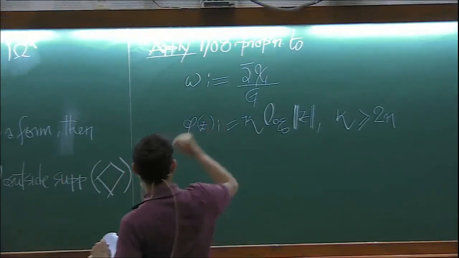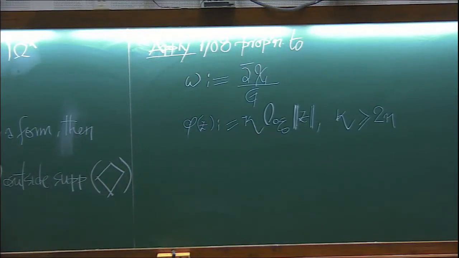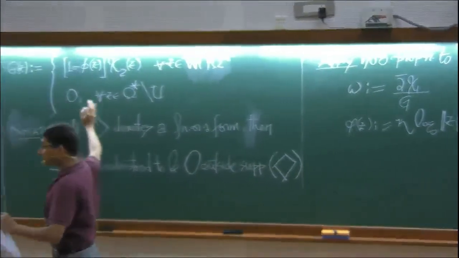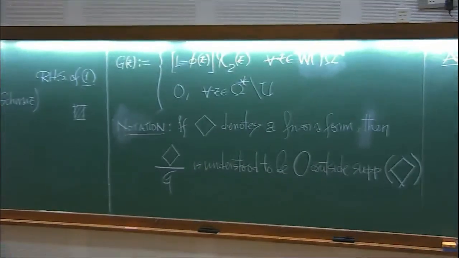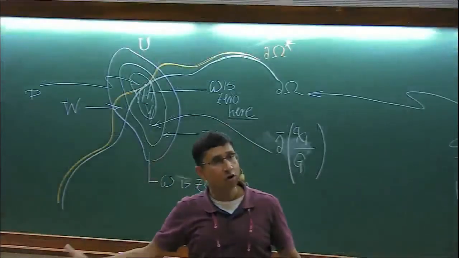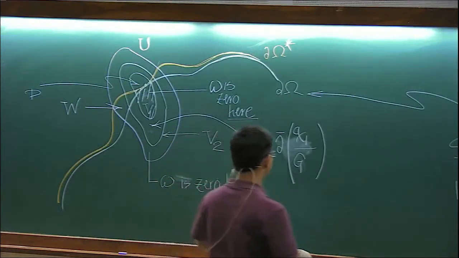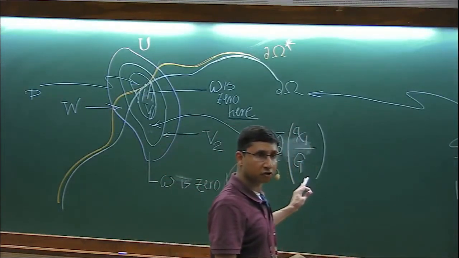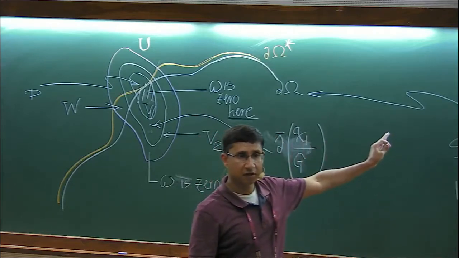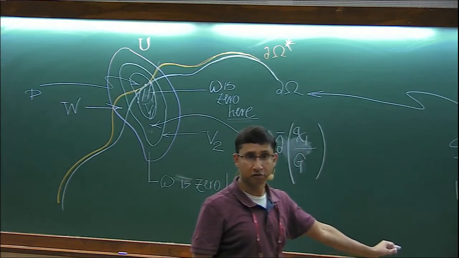Note that there is a reason why I'm choosing this cutoff. This is a cutoff function that is identically 1 on V2, which means that on this annular region, G is a holomorphic function, and 1 over G is a holomorphic function because of the peaking behavior of phi. 1 minus phi is not going to be 0.